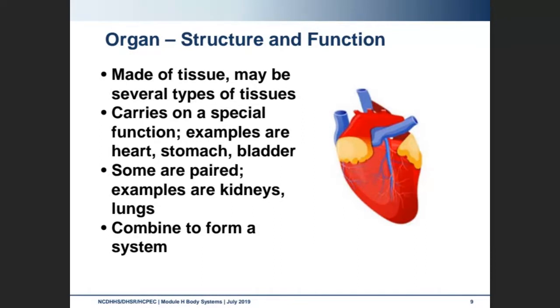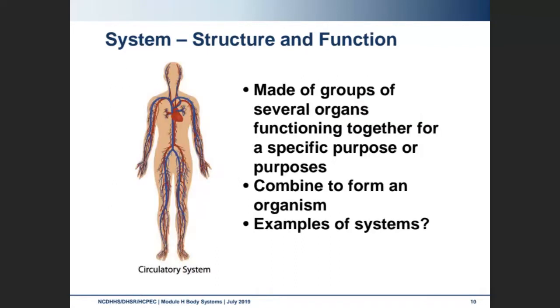All of our organs combine together to form a system. A system is made up of groups of several organs that function together for a specific purpose or purposes. And our organs combine together to form an organism.